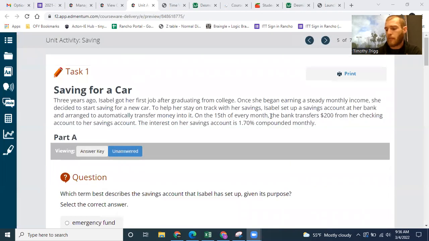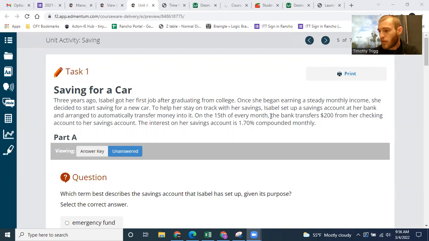Okay, so there's some information we definitely want to write down from this. First, the amount she's saving each month. So she's saving $200 a month, so I'm going to put $200 a month. Also, the amount of interest she gets for the savings account is 1.7%. That's important. And it says compounded monthly, so we want to put that as well.